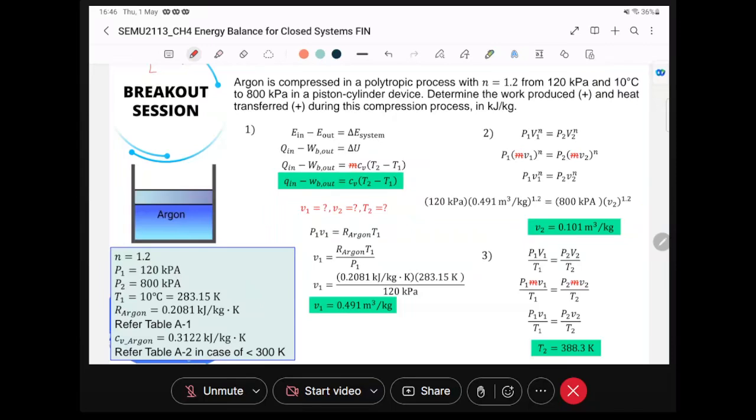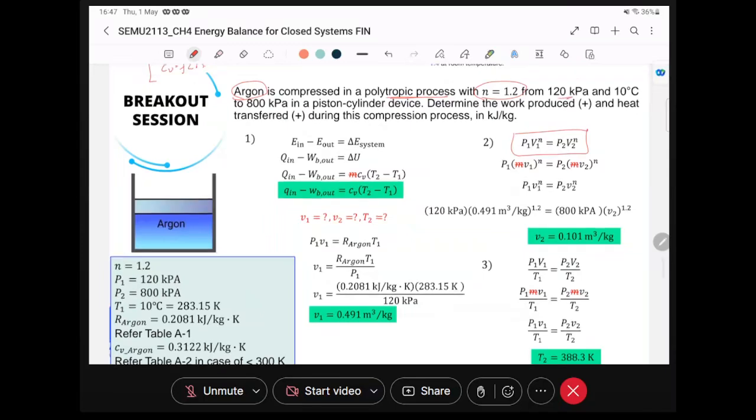In this example, argon is a type of gas which is very light, so it behaves like an ideal gas. It's compressed in a polytropic process, as we've seen just now, with an exponent n, and the exponent given is 1.2. From pressure 120 kilopascal and 10 degrees Celsius, we compress it to 800 kilopascal in a piston device.